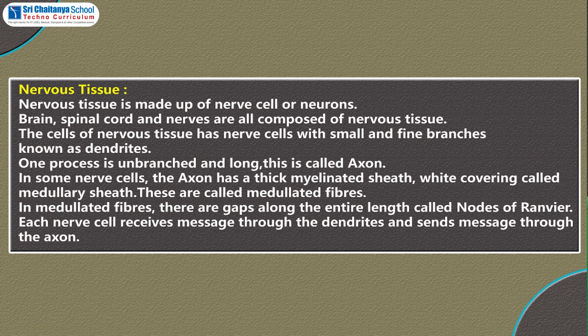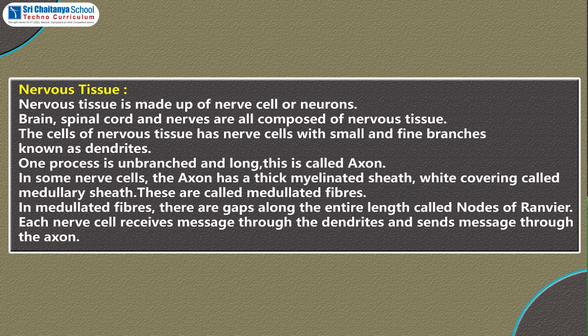Nervous tissue. Nervous tissue is made up of nerve cells or neurons. Brain, spinal cord, and nerves are composed of nervous tissue. The nerve cell has small and fine branches known as dendrites. One unbranched process is present that is called the axon.